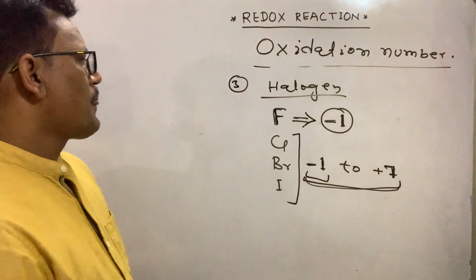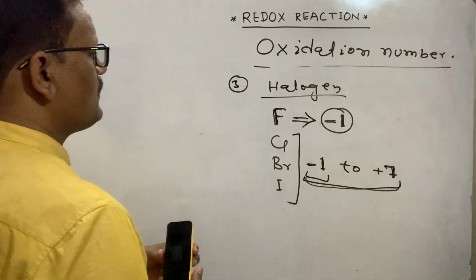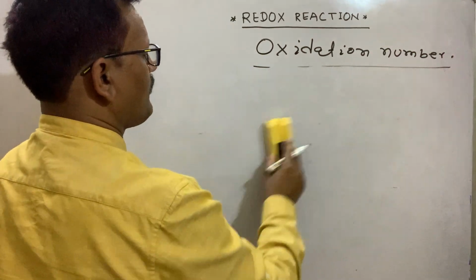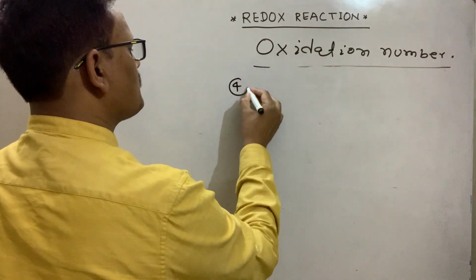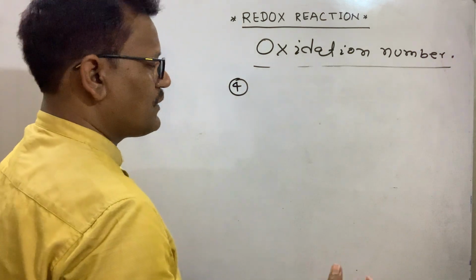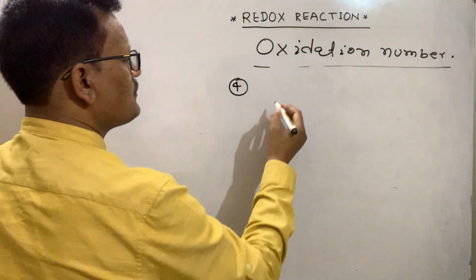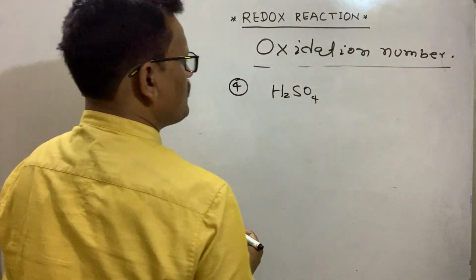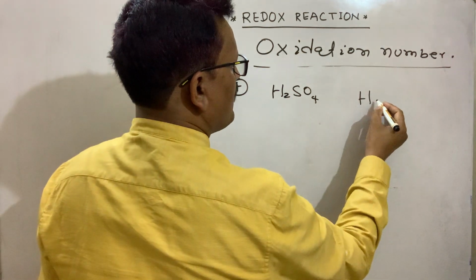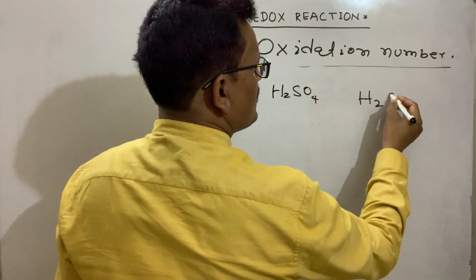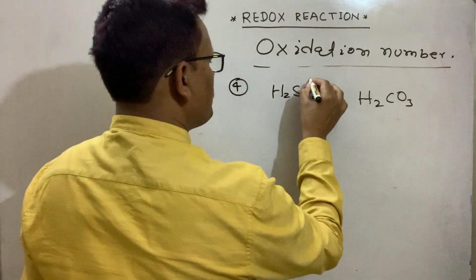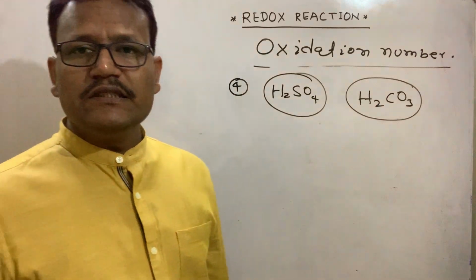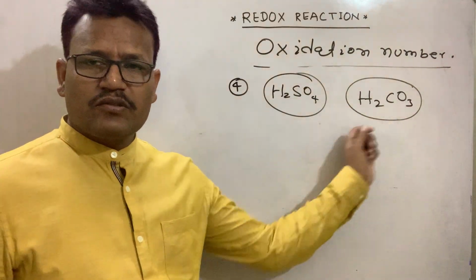Now, we are going to see the next point, and the next point is in case of a neutral compound like H2SO4, H2CO3. It's a neutral compound.